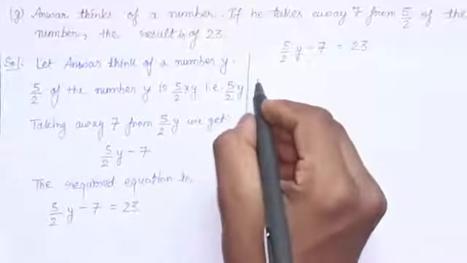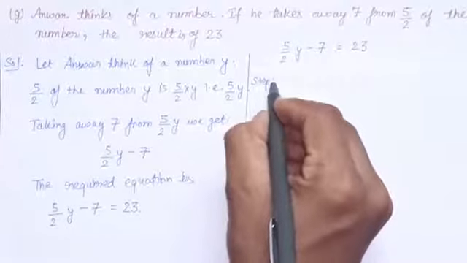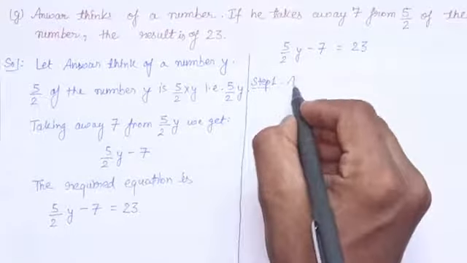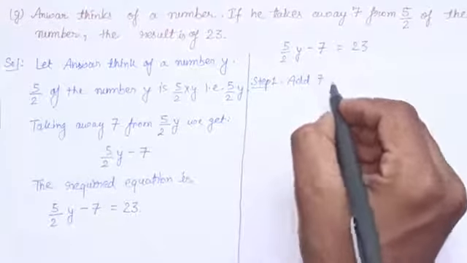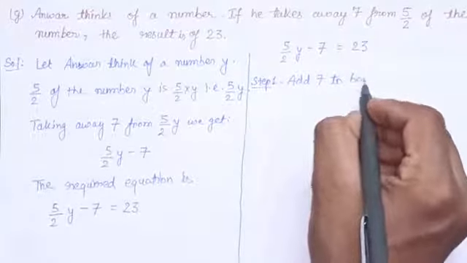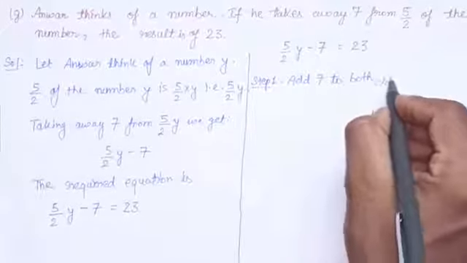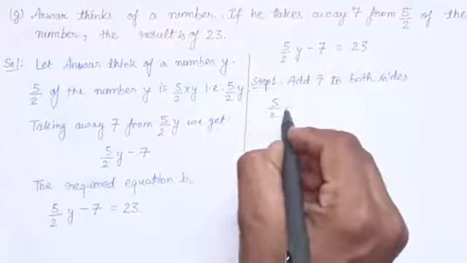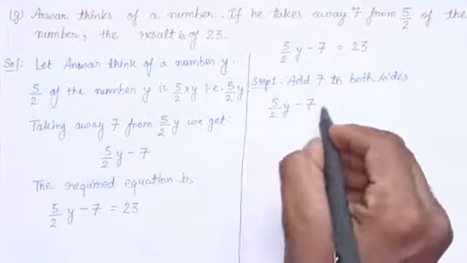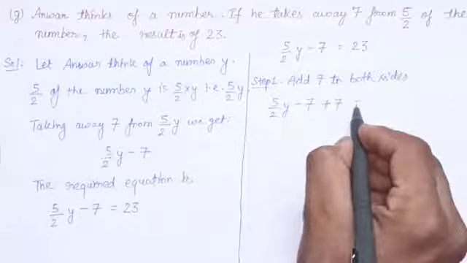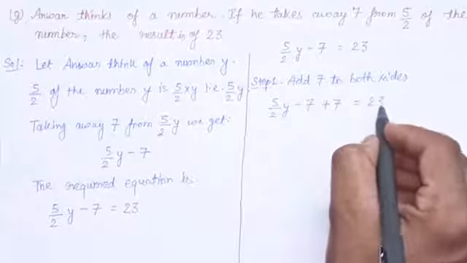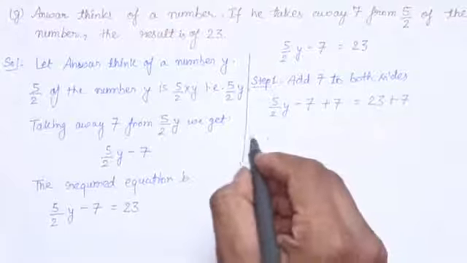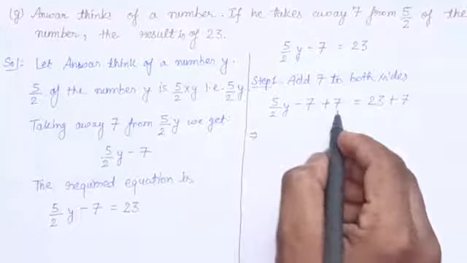Okay. So what is our step 1? In step 1, add 7 to both sides. So what we can write? 5 by 2y minus 7 plus 7 is equals to 23 plus 7, which implies that here minus 7 and plus 7 cancel out.